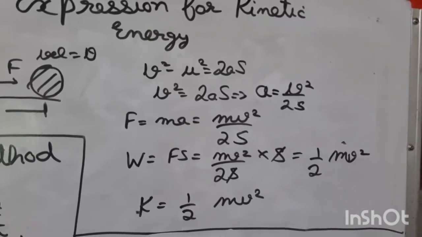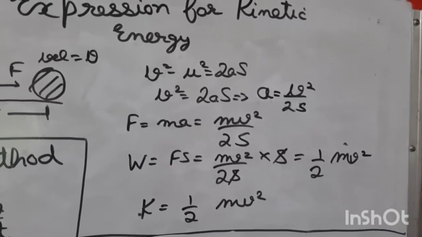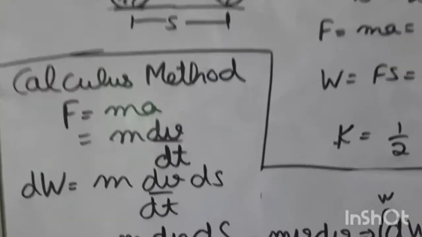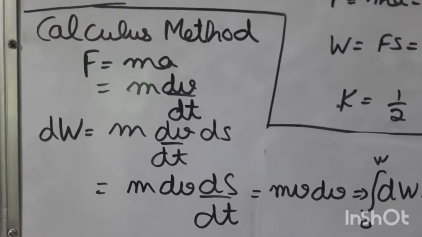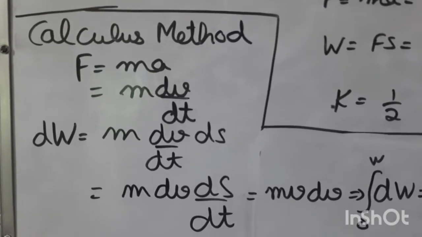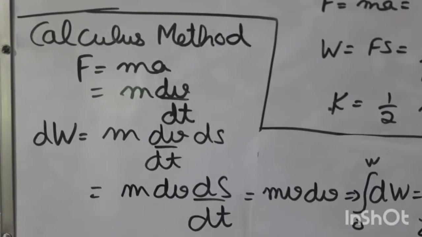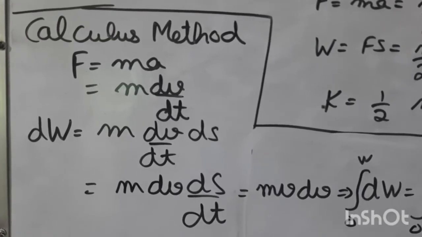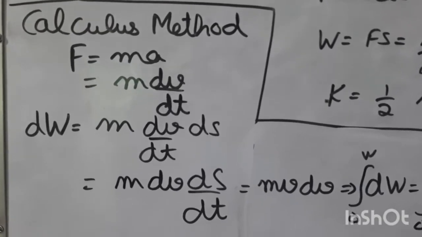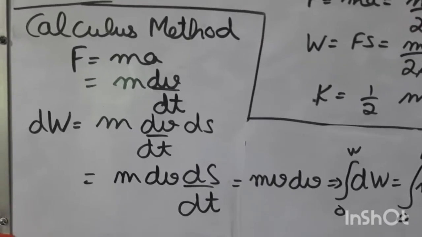Now we will derive the same expression for the kinetic energy by using the calculus method. In the calculus method, first of all, we will write the formula for force. Force is equal to mass into acceleration, and the acceleration of the particle is change in velocity upon change in time. So we can write the acceleration as dv by dt.